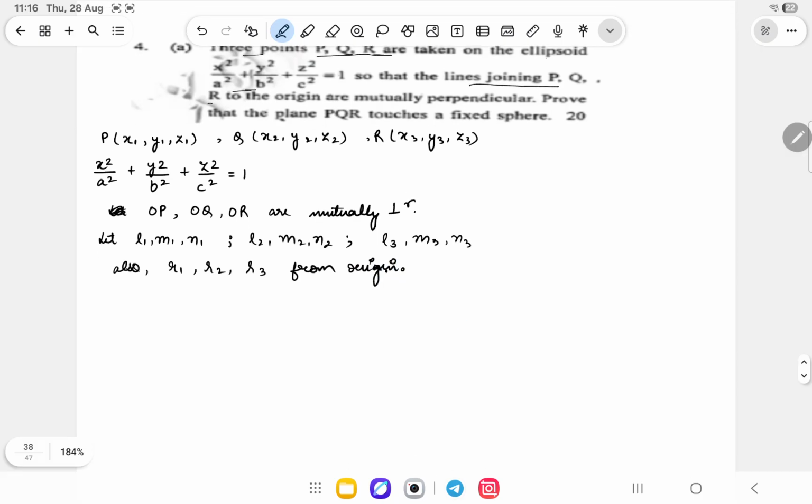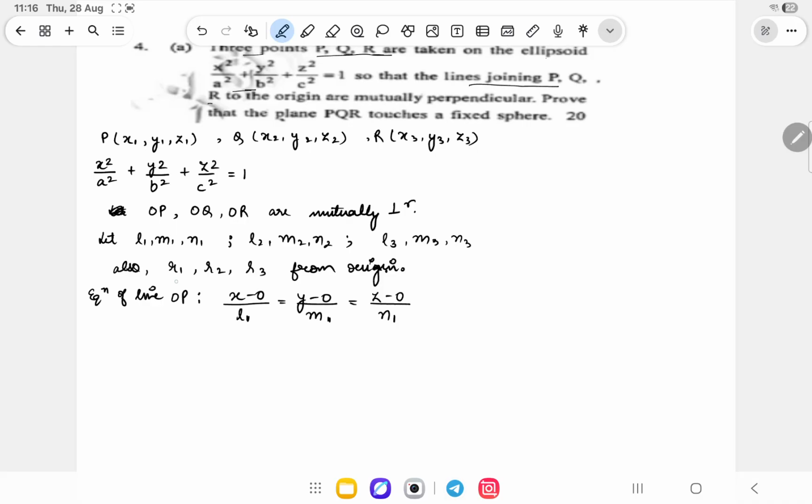If that is the case, I can find out the equation of line OP. My equation of line OP will be basically (x minus 0) upon l1 equals (y minus 0) upon m1 equals (z minus 0) upon n1, because line OP is passing via origin and has direction cosines l1, m1, n1.